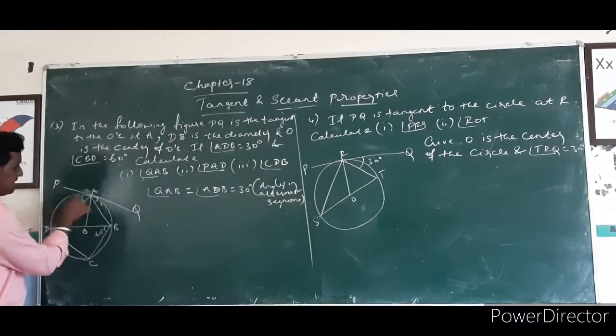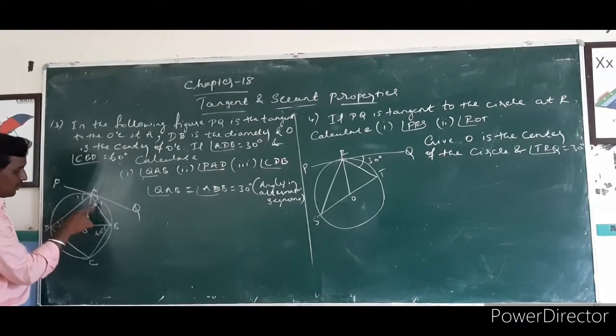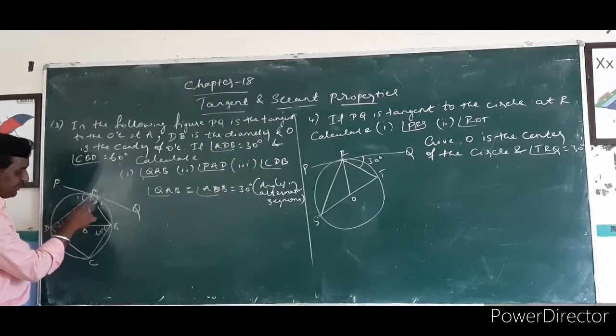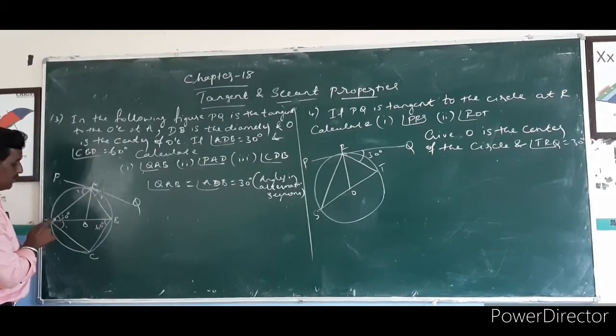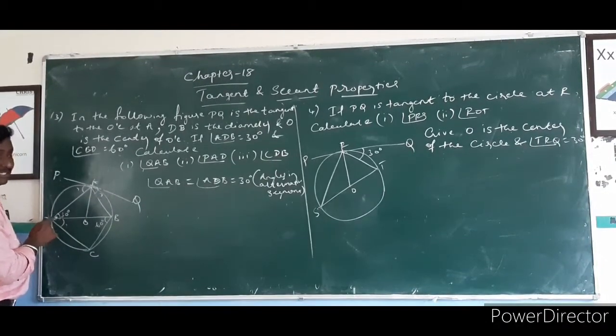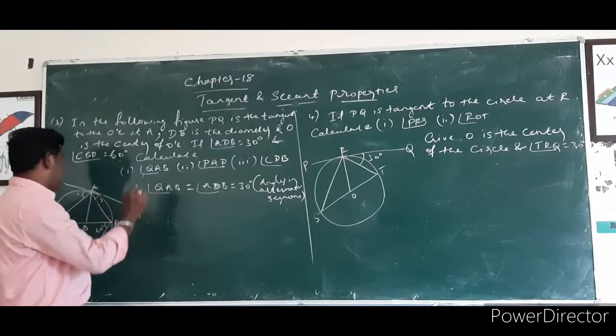So look at here. This is tangent, this is chord. The angle between the tangent and chord is equal to the angle in the opposite segment. So first one we find out.